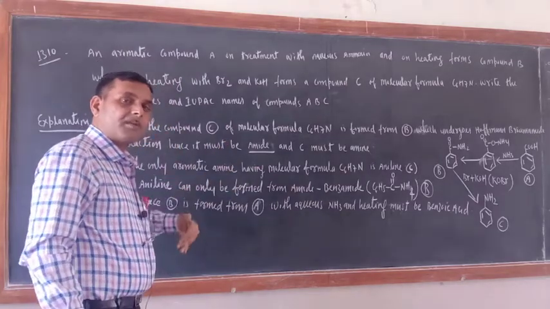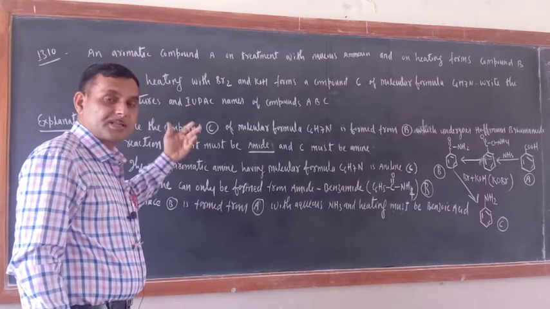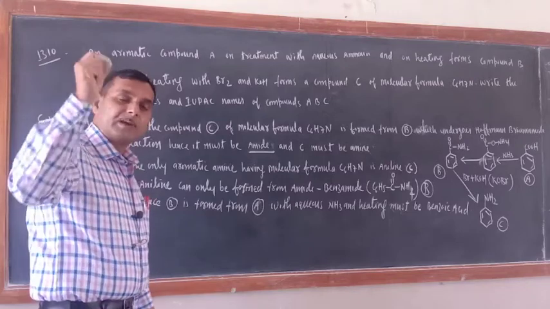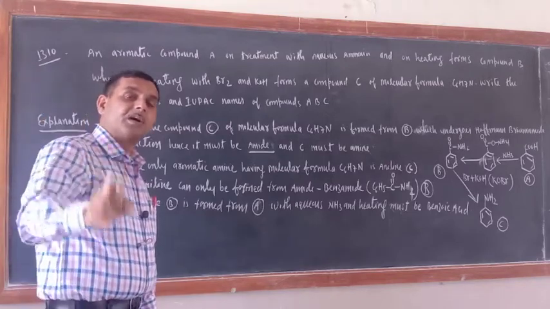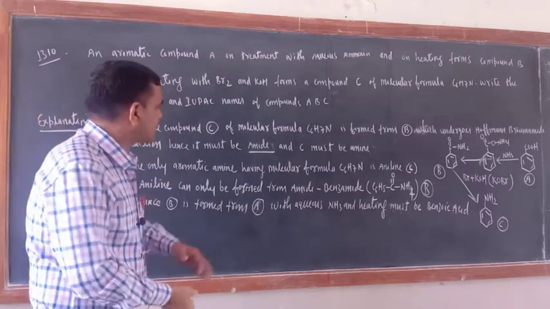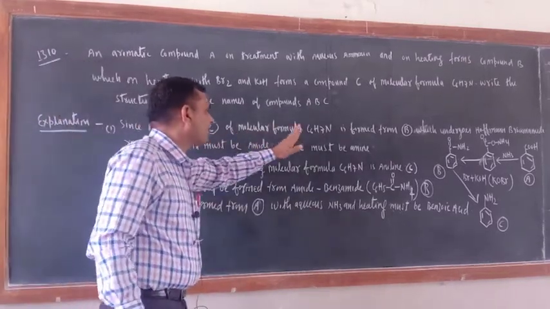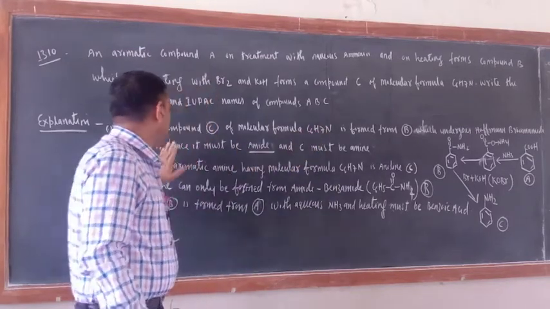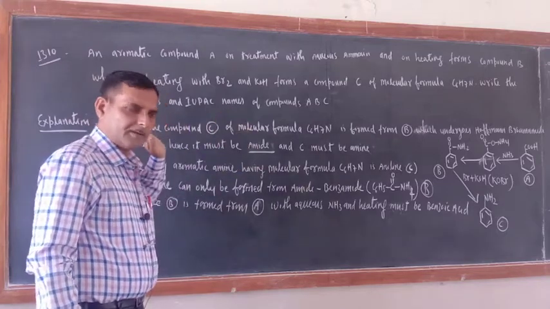Benzamide is formed from compound A on heating with aqueous ammonia. It must be benzoic acid, because it won't be an aliphatic carboxylic acid, since the amide formed is an aromatic amide. Just see, everything is given here. Since compound C of molecular formula C6H7N is formed from B, which undergoes Hofmann bromamide reaction, B must be an amide and C must be an amine.